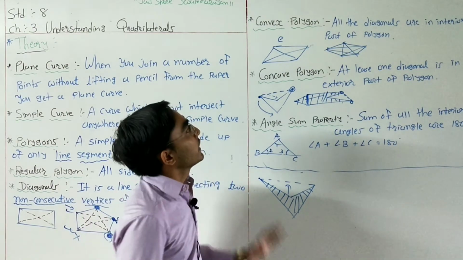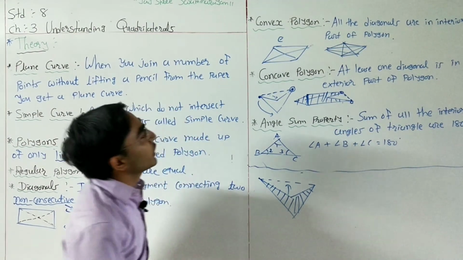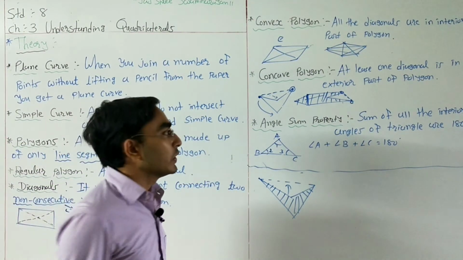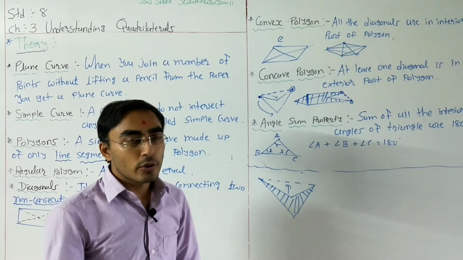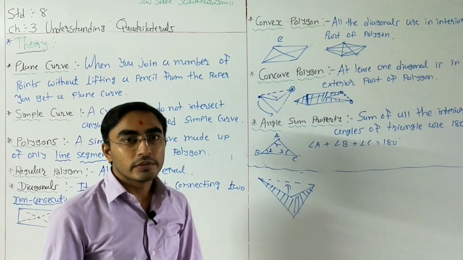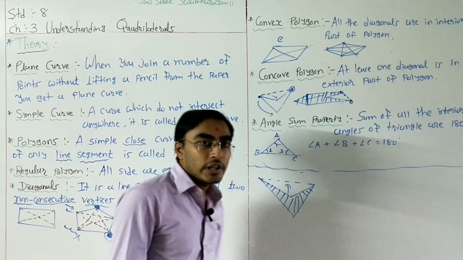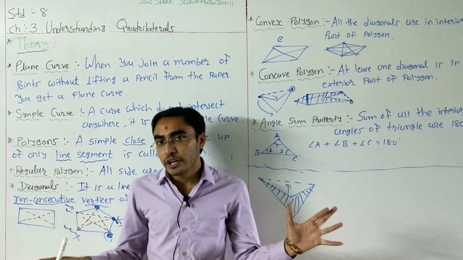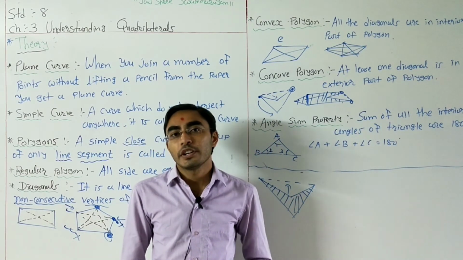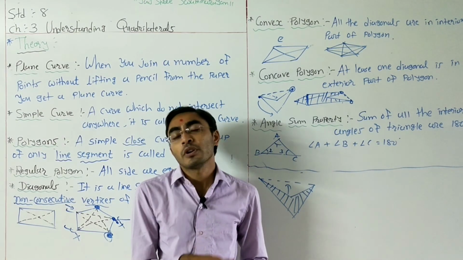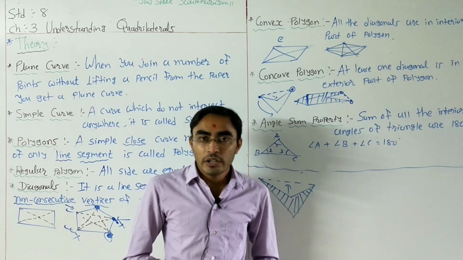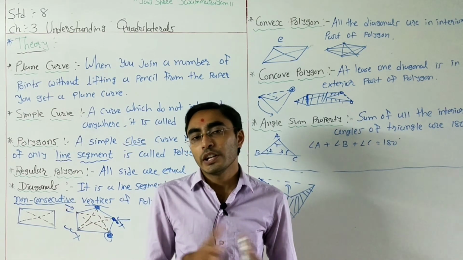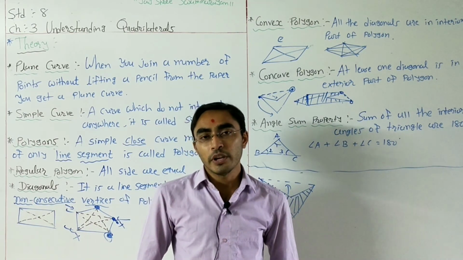For concave polygon, at least one diagonal is in the exterior part of polygon. Angle sum property: sum of all the interior angles of a triangle is equal to 180 degrees. Okay, the next theory we will learn in our next video. Okay, thank you.